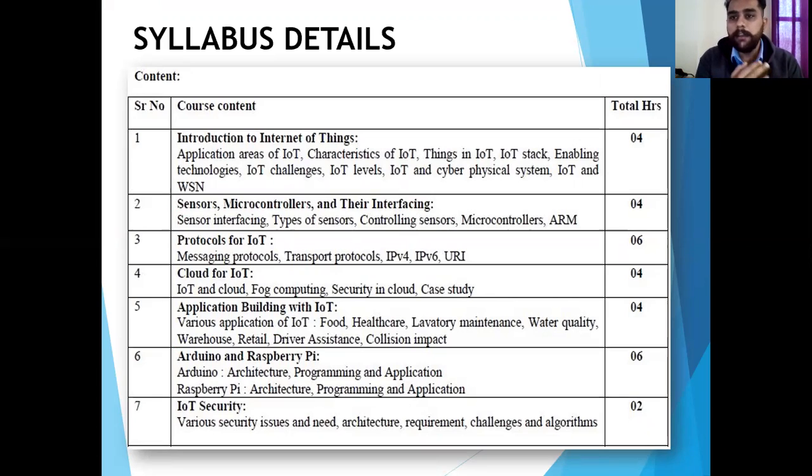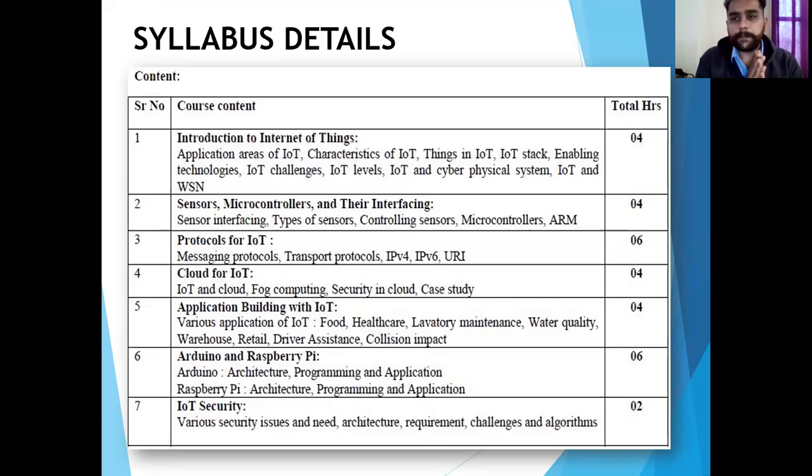After that, we need to know about the protocols that are used during IoT sessions. Then we need to know about the clouds, how IoT applications work in the cloud and how we can use it. After that, application building of IoT and related securities to it. So there are lots and lots of things that we need to learn during the whole semester in this subject.